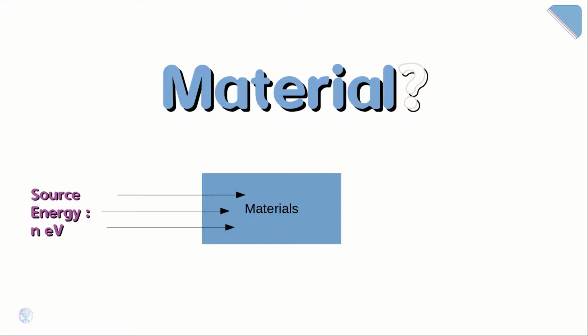So Geant4 will give you customized material settings. Of course, if you are material scientists and want to develop your materials and want to know how this material interacts with electrons, gamma, or something like that, and you want to visualize these interactions, it's very possible.